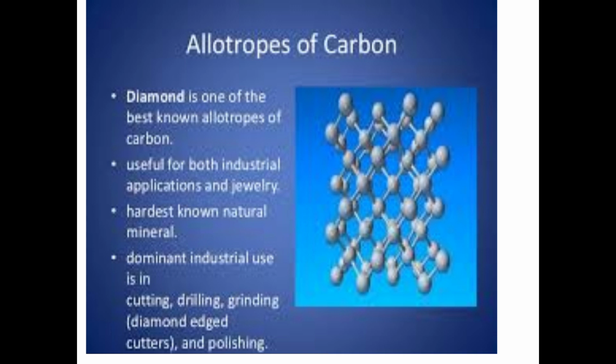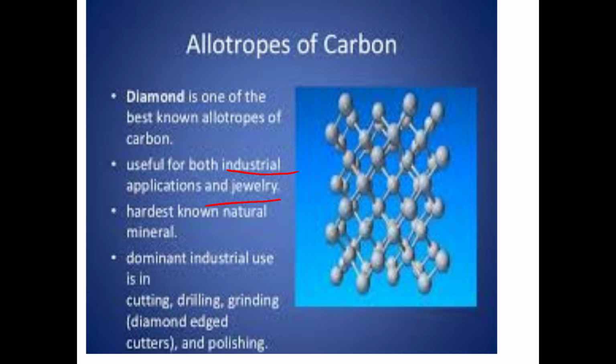Diamond is one of the best known allotropes of carbon. We use diamond in both industrial applications and to make jewelry. It is the hardest among natural minerals.